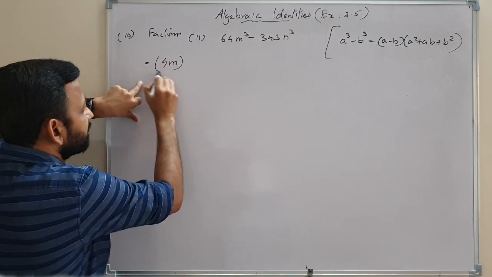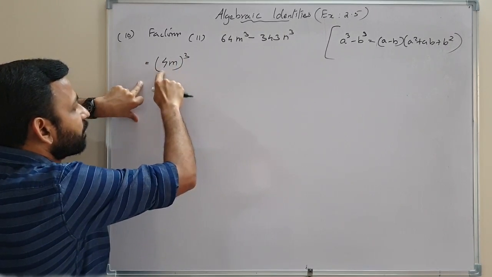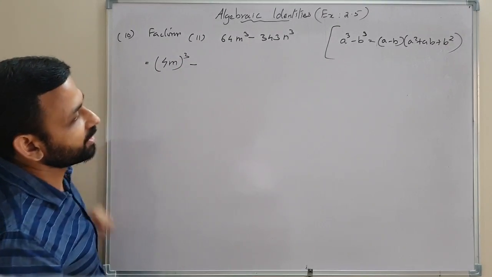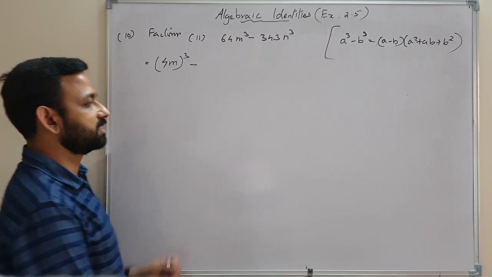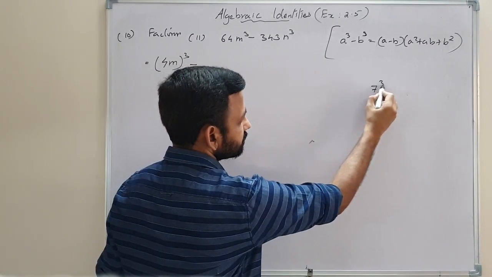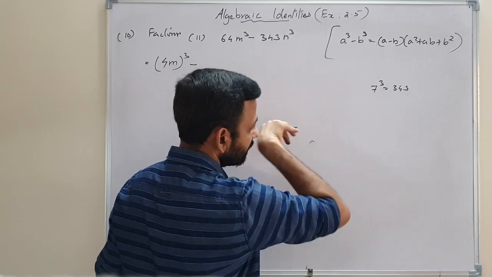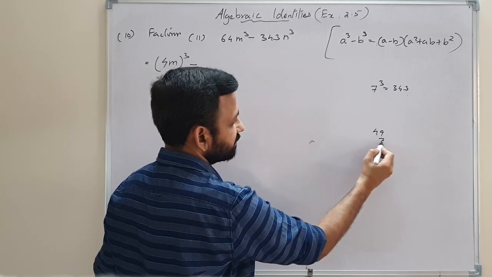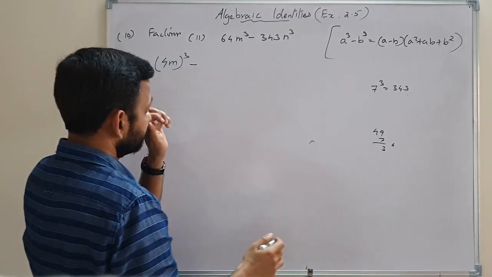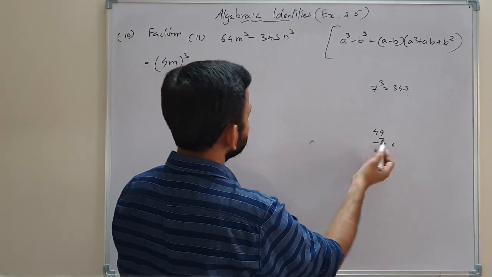64m cube we can write as 4m raised to the power 3, because 4 cube is 64, minus 343. 343 is 7 cube. 7 into 7, 49, 49 into 7, 343.